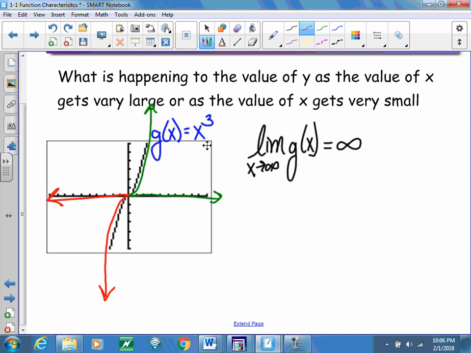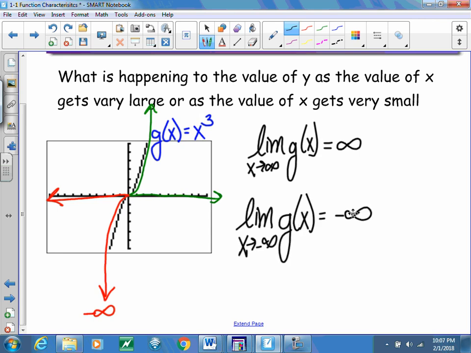If you think about taking -100 to the third power and how small that number is going to be, those values of y are going down towards negative infinity. So the limit as x approaches negative infinity of our function g of x this time is going to be negative infinity.